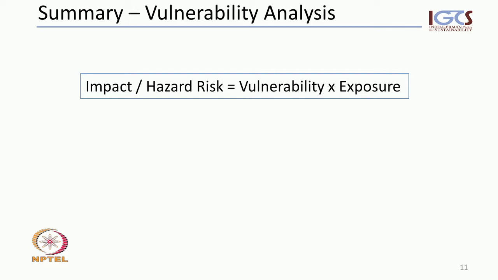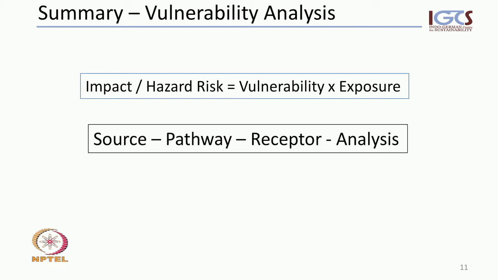What we usually say is that the impact or the hazard risk is a function of vulnerability and exposure, and this could be brought into a simple relationship and expressed in the form of indicators or factors.